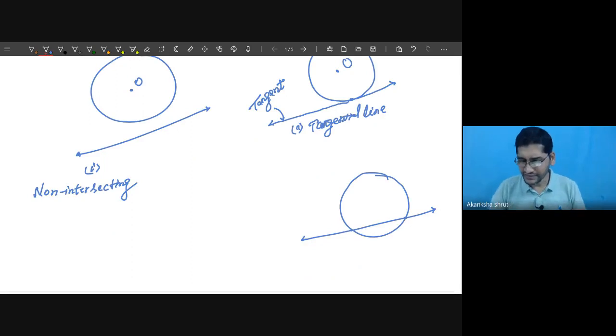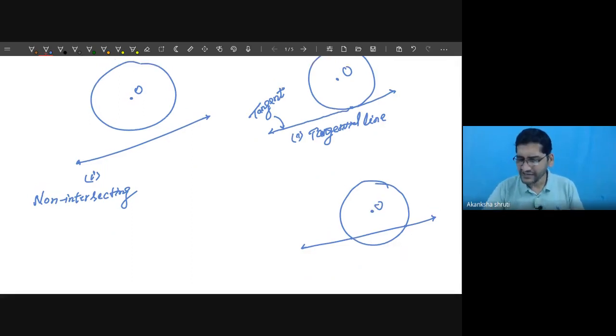The third case, where the center is there and the line is not touching, rather it is cutting or intersecting our circle at 2 distinct points. We may call these 2 distinct points A and B. So this is the third condition, and this line which is cutting the circle at 2 distinct, means different, points is called a secant. So it is called the secant line or secant condition.